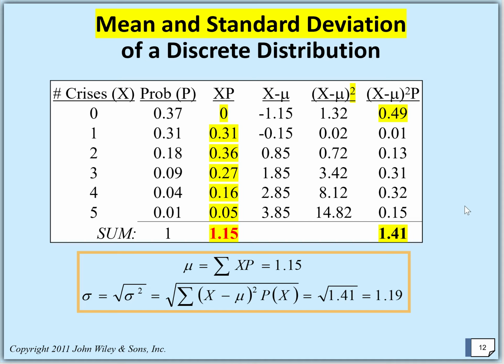So, coming back to this question now, what does this standard deviation tell you? It means that on the average, 1.15 errors or crises occur every day.